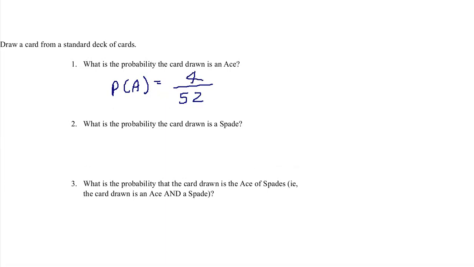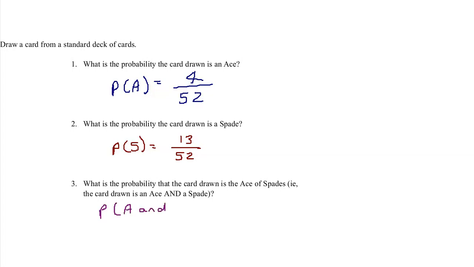Now, what's the probability that the card you drew is a spade? Well, there are 52 cards in a standard deck of cards, and 13 of them are spades. What's the probability that the card you drew is both an ace and a spade? In other words, what is the probability that you get the ace of spades?